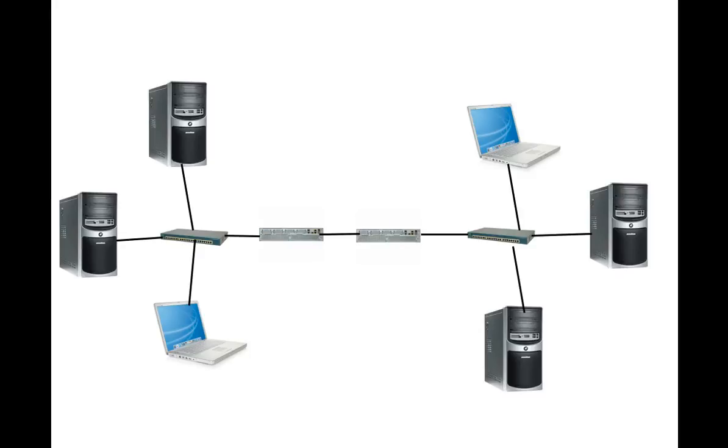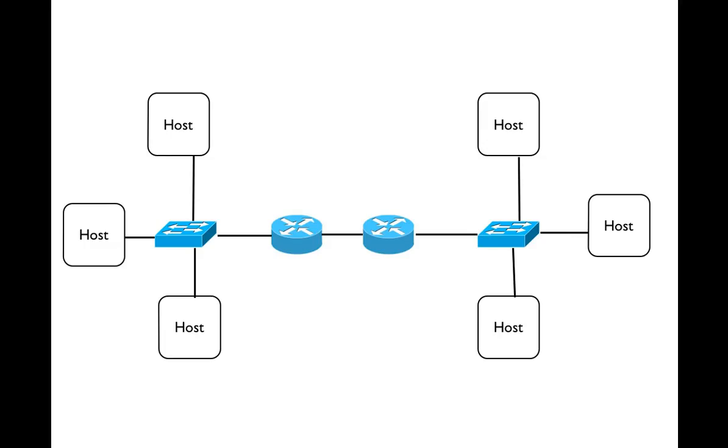So when looking at this from a diagram perspective, it would look something like this. Hosts connect to switches, switches connect to routers, routers then normally connect to other routers through the internet. A router eventually will terminate to another switch, and that switch is connected to a different set of hosts.